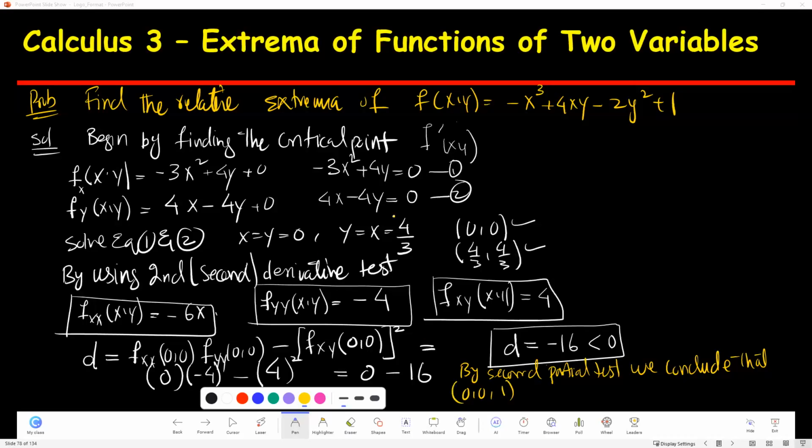If I substitute 0, 0 in the original function, which is here, it's going to give me 0 plus 0 minus 0 plus 1. So everything will be 1. So if I substitute 0, 0 in the function, my function value is 1. So I'm going to say 0, 0, 1 is a saddle point.